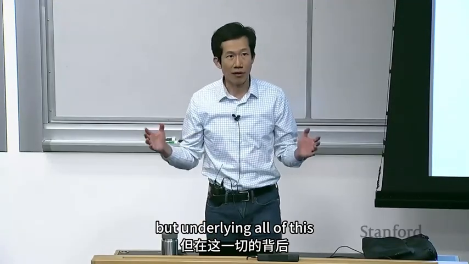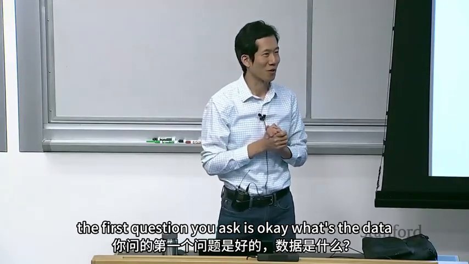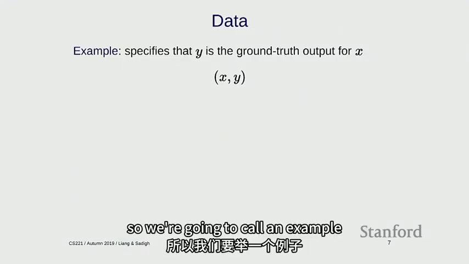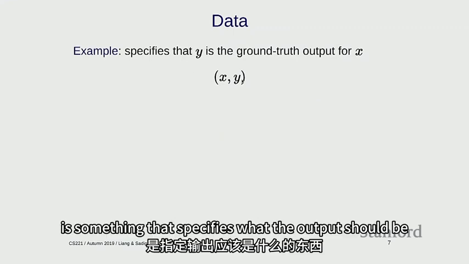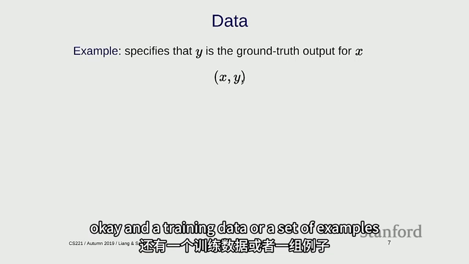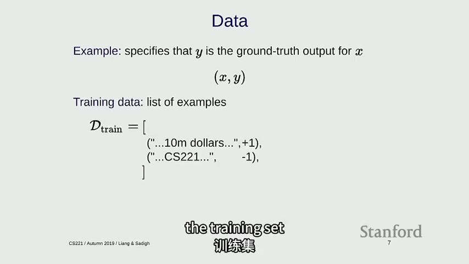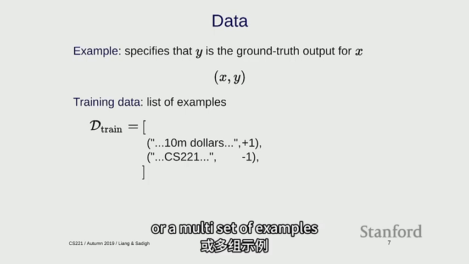But underlying all of this, whenever someone says, I'm going to do machine learning, the first question you ask is, OK, what's the data? Because without data, there's no learning. So we're going to call an example an XY pair, something that specifies what the output should be when the input is X. And training data, or the training set, is going to be simply a list or a multi-set of examples.